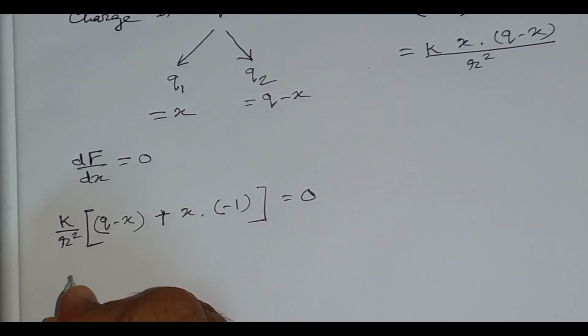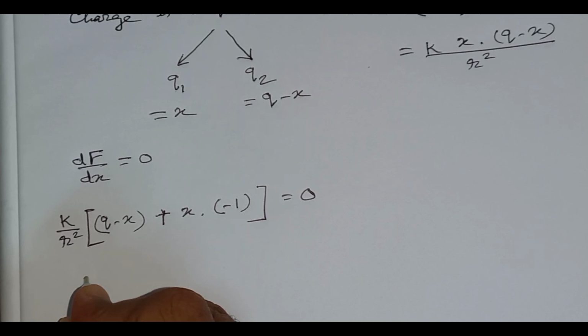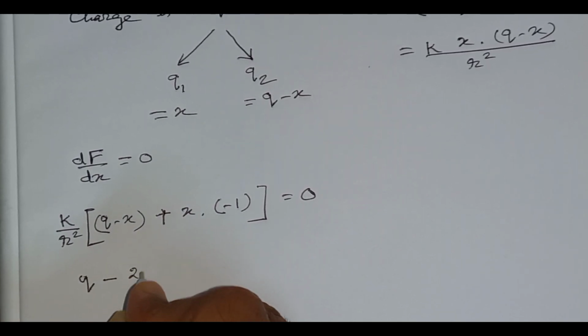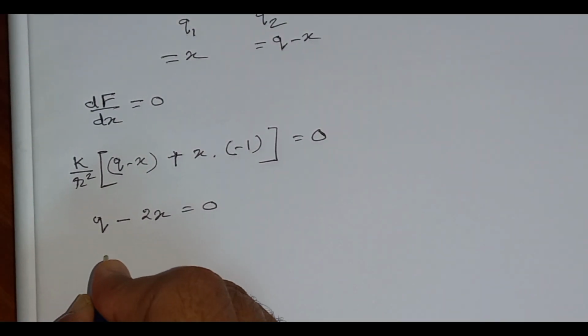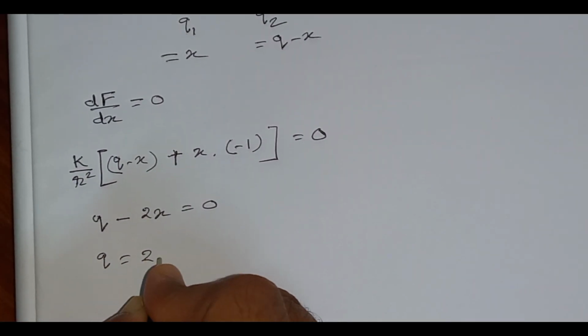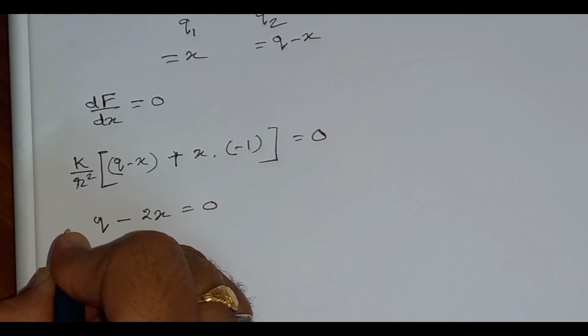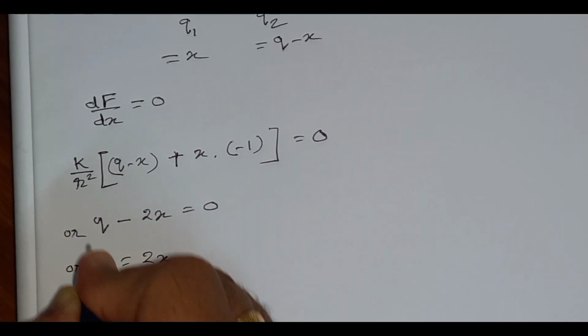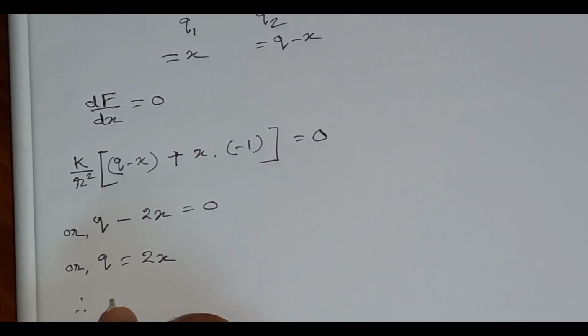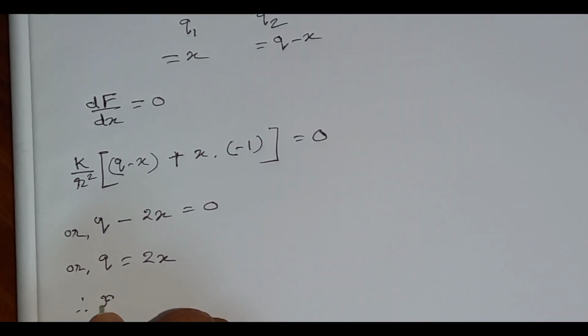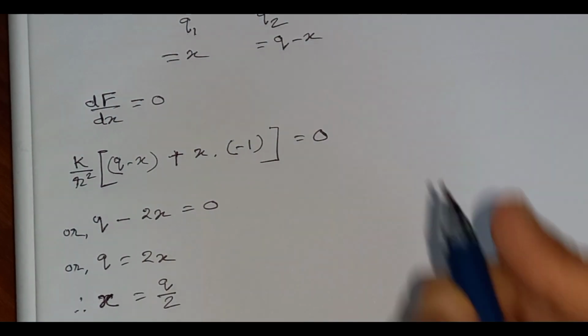Therefore, q minus 2x is equal to 0, or q is equal to 2x. Therefore, x is equal to q by 2.